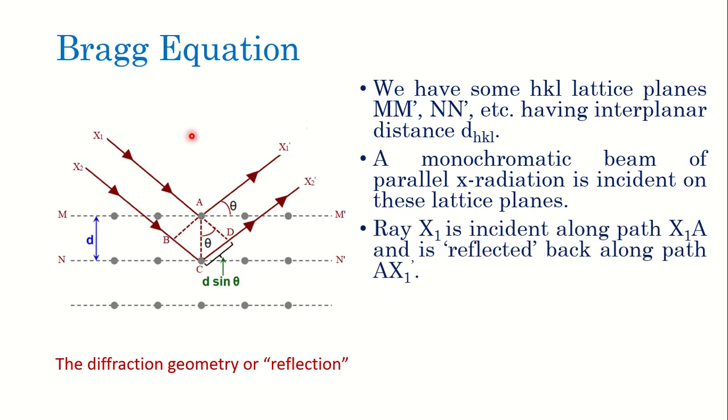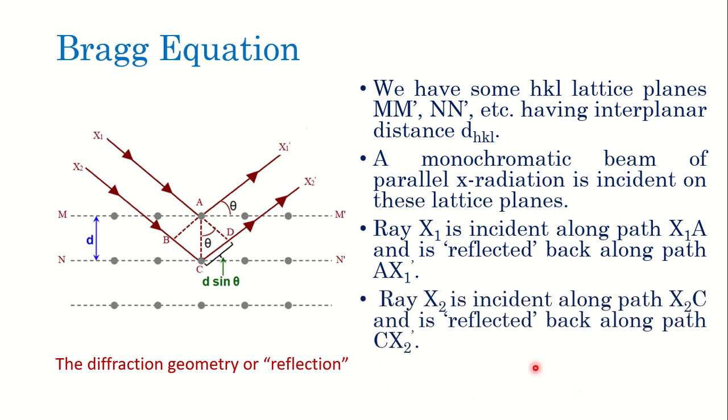Ray X1 is incident along path X1A and is reflected back along path AX1 prime. So it is coming from here, starting its journey, falling on A and coming back from A to X1 prime. This is not a comma, it is an apostrophe, this is prime. Ray X2 is incident along path X2C and it is reflected back along path CX2 prime. So this one is coming here, then going here.